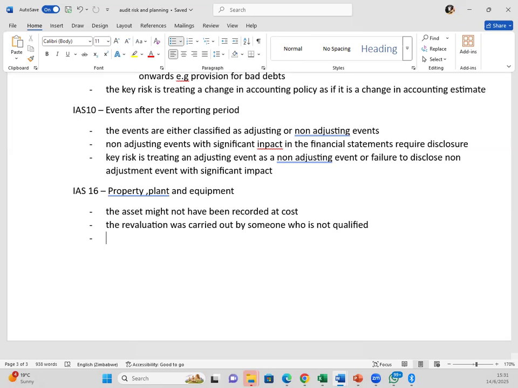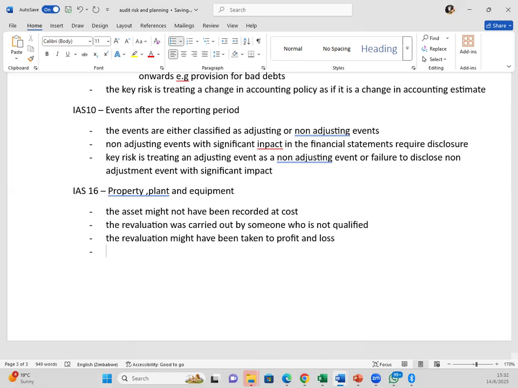Then also, if we use the revaluation method for non-current assets, there is a risk that the revaluation gain was taken to profit and loss, while it is not supposed to be. We take it to other comprehensive income. So there's a potential problem there.